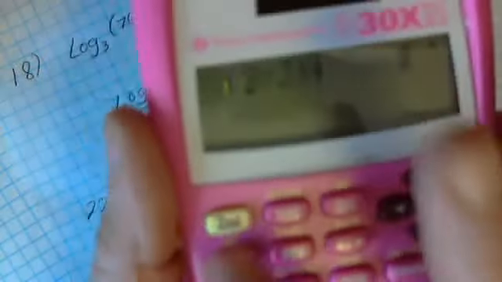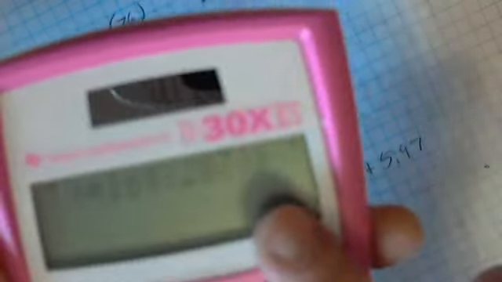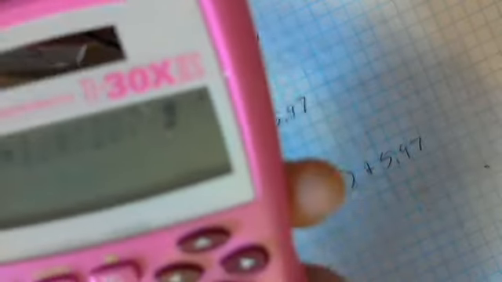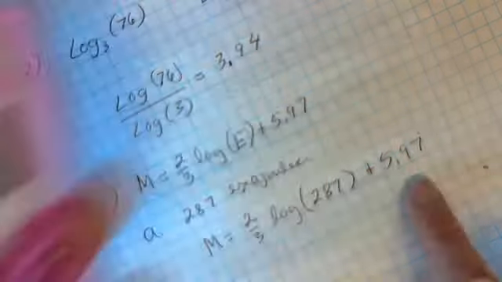Remember, your log key on your calculator is log base 10. So we're multiplying that by log, and the log comes up, parentheses 287, put it in the parentheses, and then close that parenthesis. Make sure you close it before we add the 5 and 97/100, 5.97.